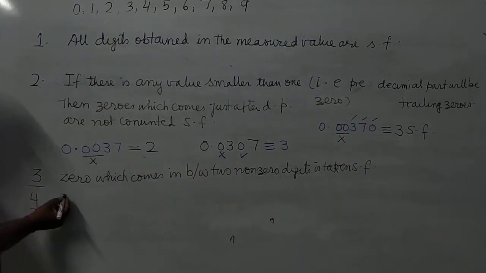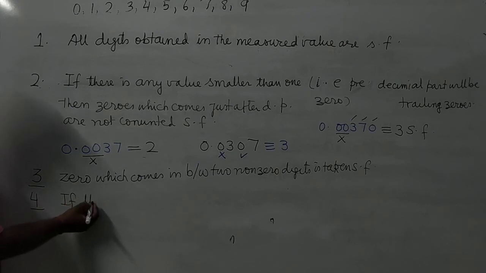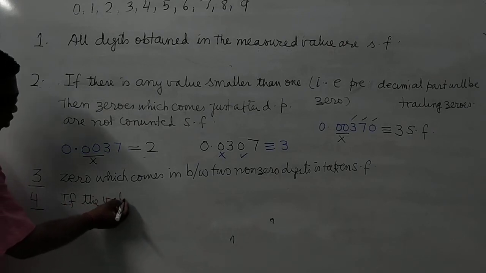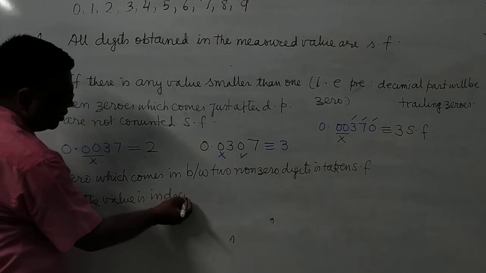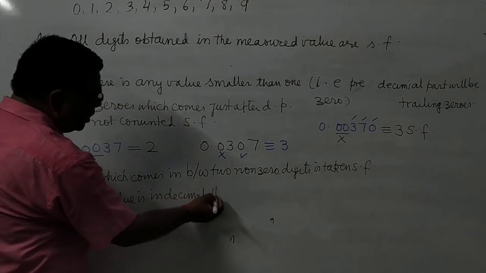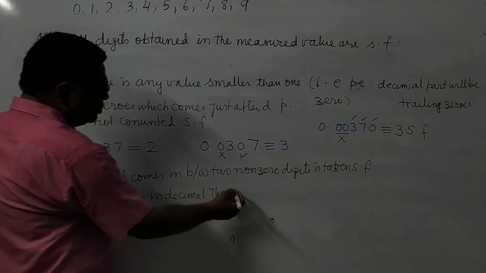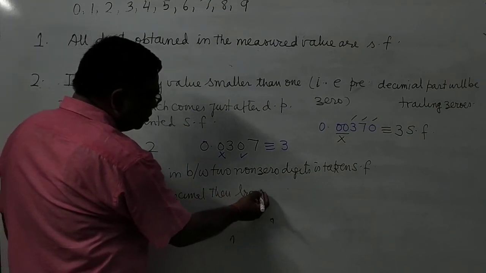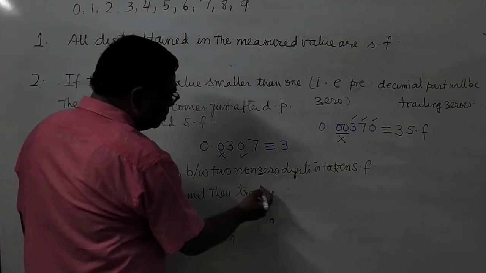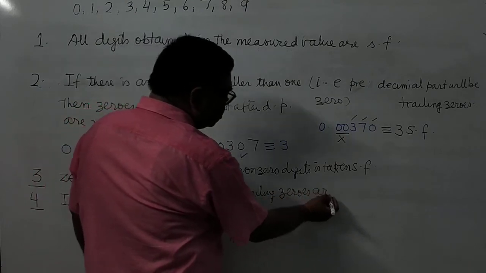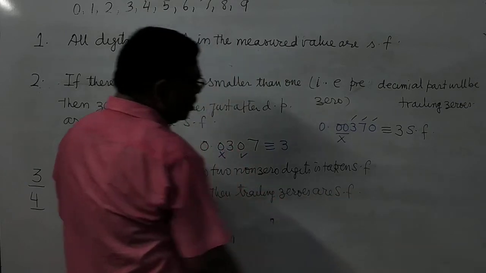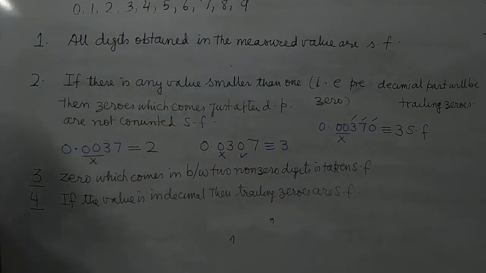So if the value is in decimal, then trailing zeros are significant figures. It's clear?